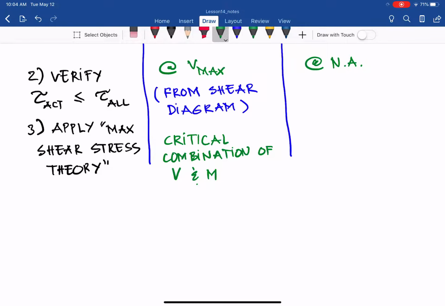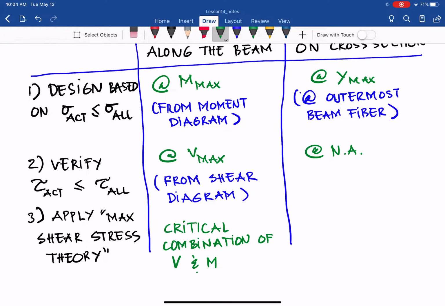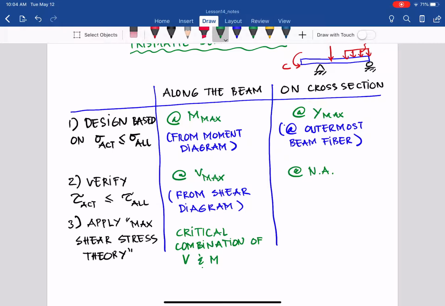So we look at both the moment and shear diagrams, and find the location that has both reasonably high shear and moment, and then we check it. And which point on the cross section are we going to check for this scenario? In step number 3, for a standard shape like an I or T shape, it will be at the web-flange intersection.